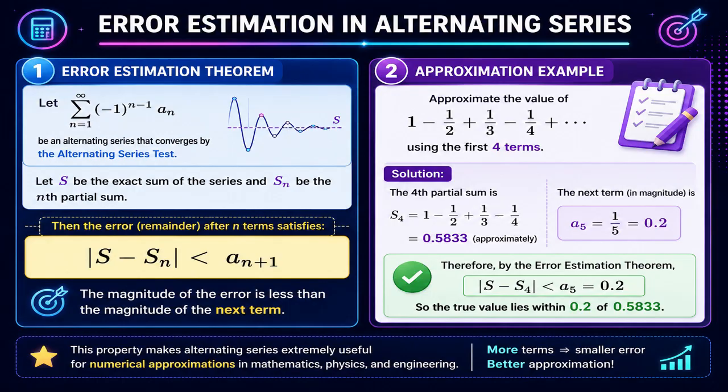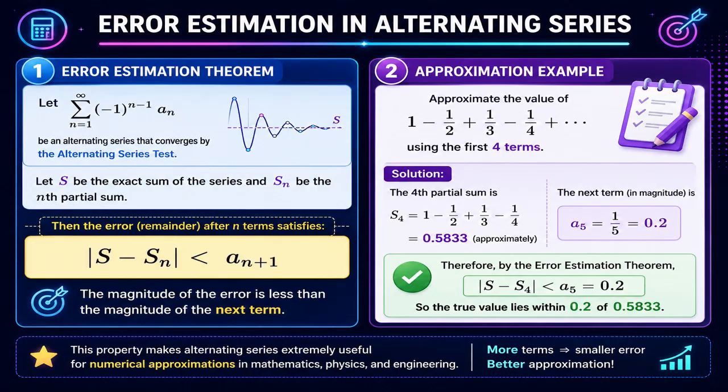The magnitude of the very next term is a sub 5, which is 1/5 or 0.2. According to our theorem, the absolute error of our approximation is guaranteed to be less than 0.2. This means the true exact value of the infinite series lies safely within the interval 0.5833 plus or minus 0.2.